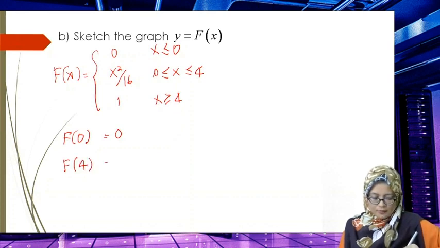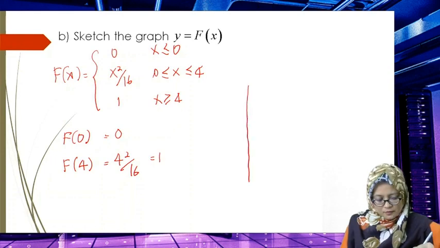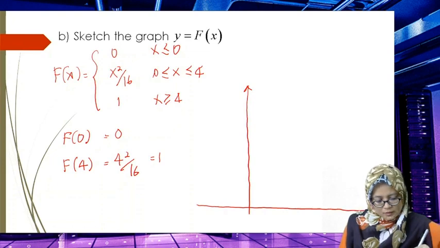Kalau kita ambil x equal to 4, ganti 4 square over 16, dapat 1. Okay, so 0, 4.